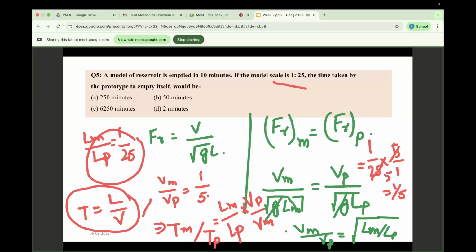The model time of 10 minutes is given, so you need to find Tp. Tp is equal to 5 times Tm, which is 50.